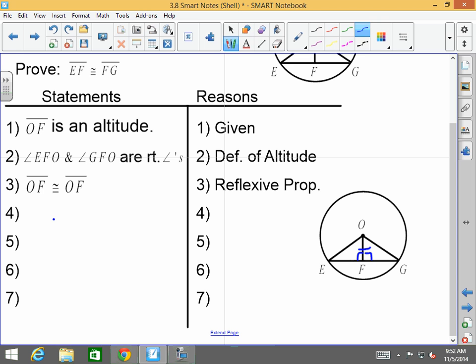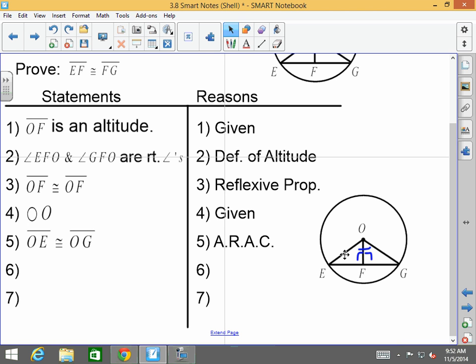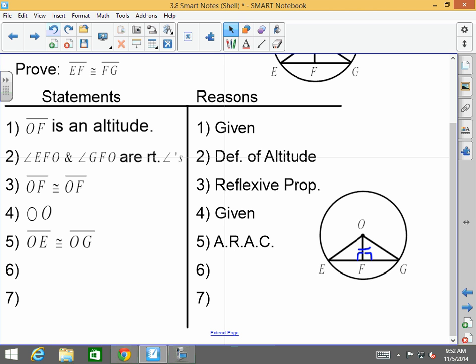Now, I can say that circle O is there because that's given. And now that I know that circle O is there, what can I say? Absolutely. OG is congruent to OE because all radii are congruent.